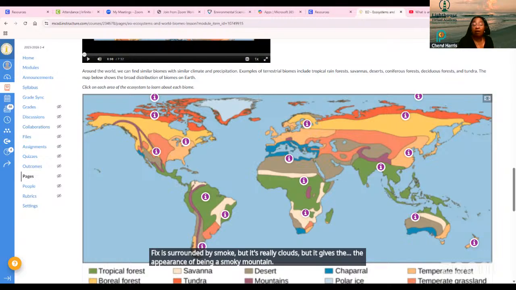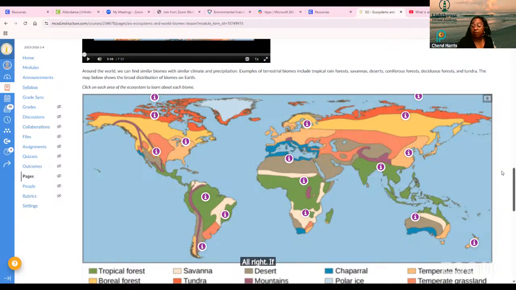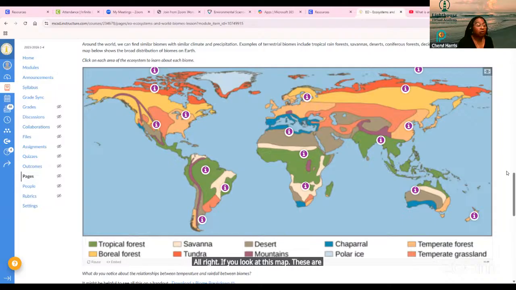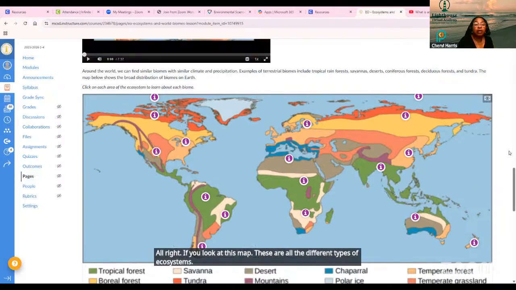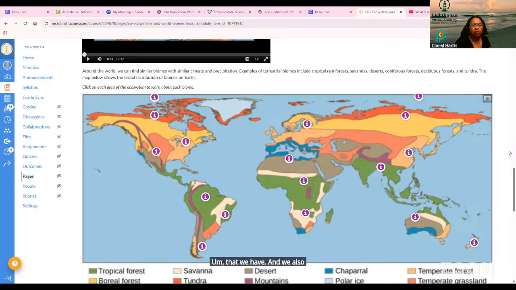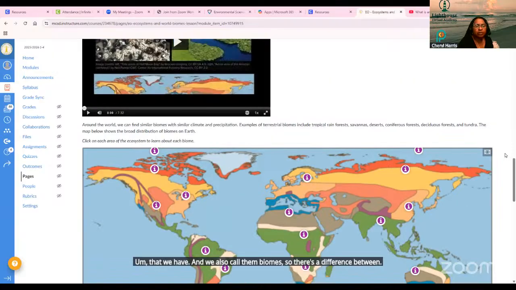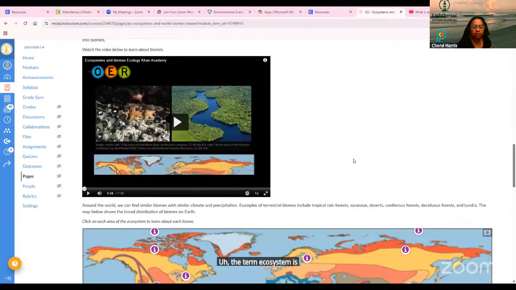If you look at this map, these are all the different types of ecosystems that we have, and we also call them biomes. There's a difference: the term ecosystem is local, and a biome is a general region on the planet. Biomes are defined by their climate and precipitation.